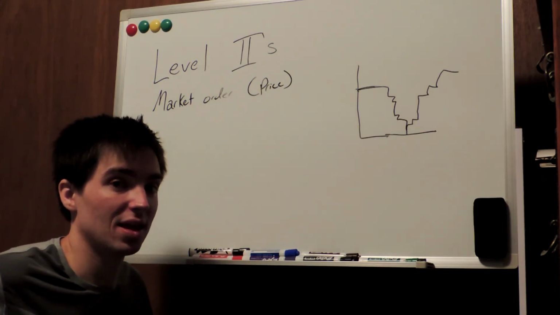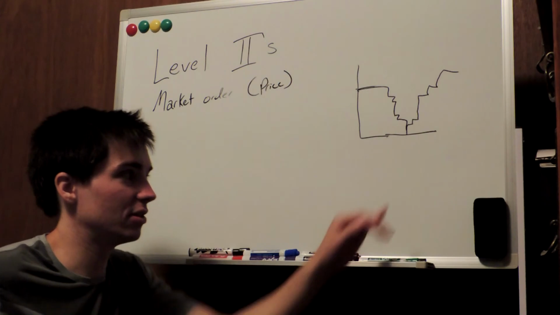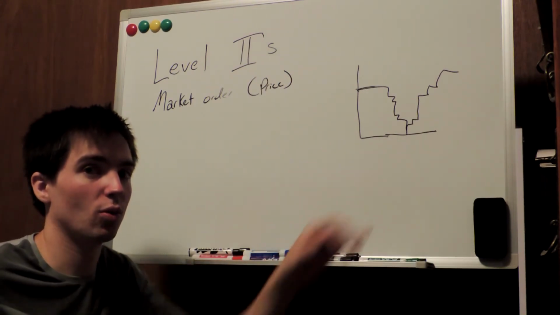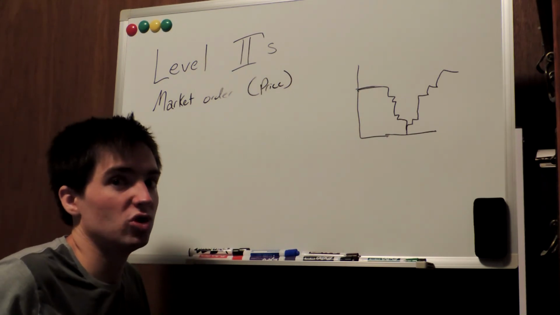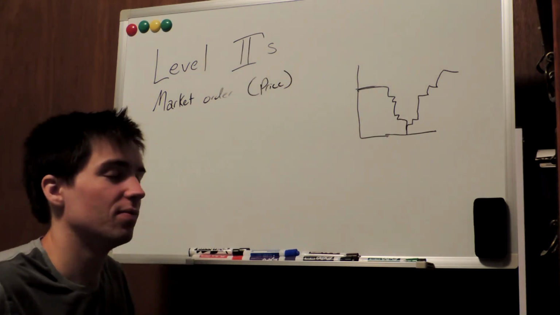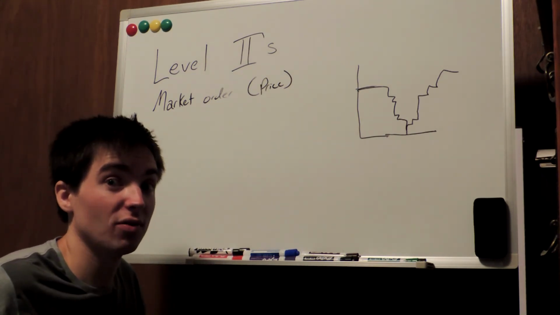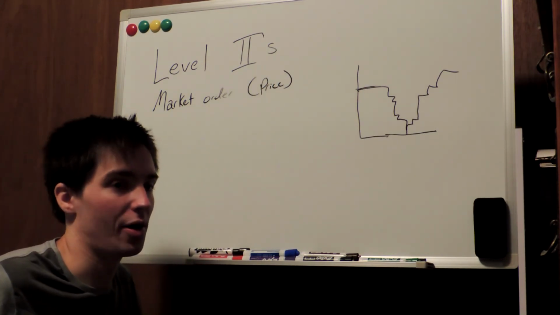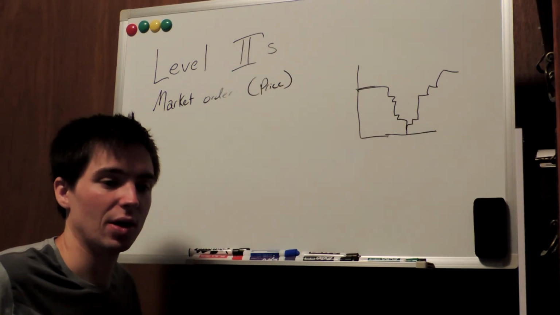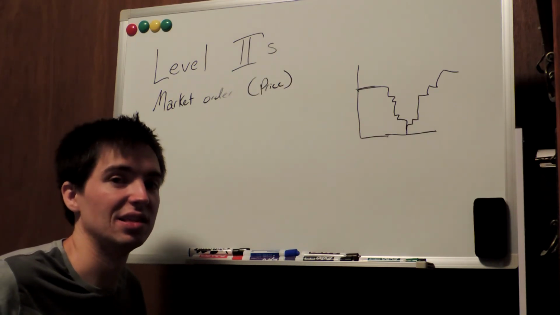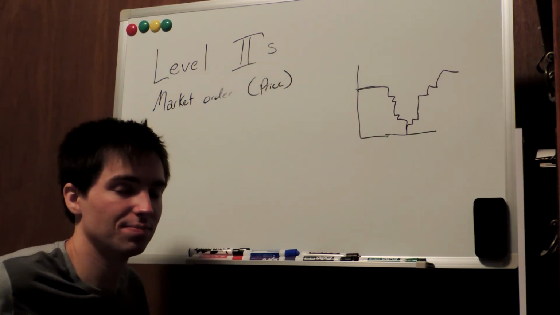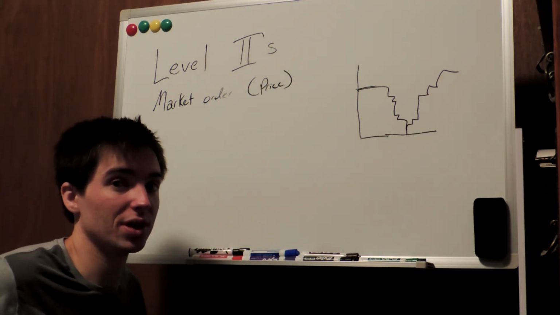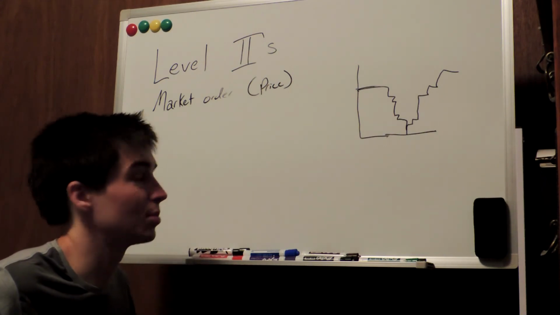So you're going to see the quantity or the amount of orders jump heavily, and at a higher skill level, you're looking at that and determining where the resistance is in said stock. I'm not going to get into that off the bat, but that's something to really consider in the future.